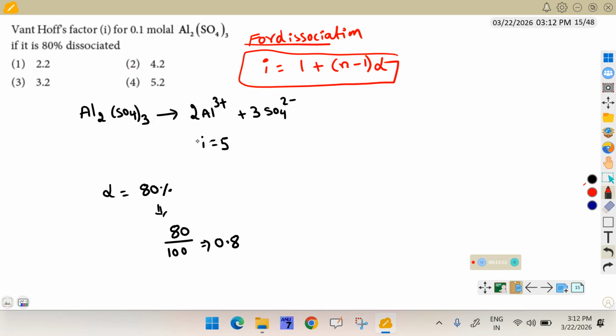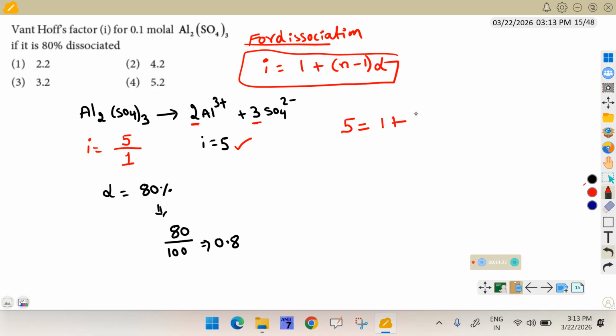First calculate the value of i, where i represents the Van 't Hoff factor. Al2(SO4)3 dissociates like 2 Al3 plus and 3 SO4 2 minus. Number of moles of ions after dissociation divided by the number of moles before dissociation is 5 by 1, that is equal to 5.